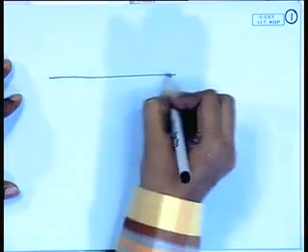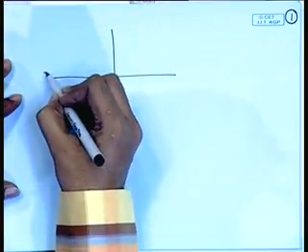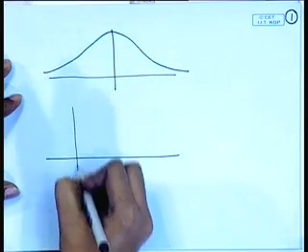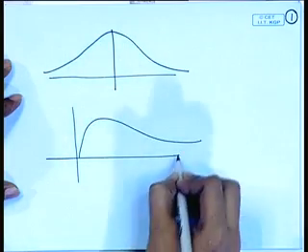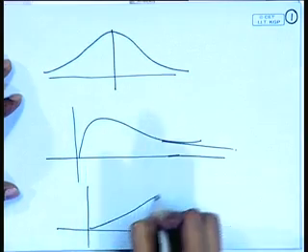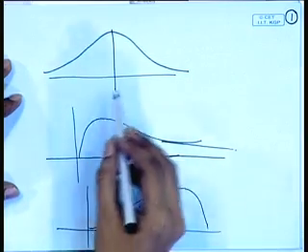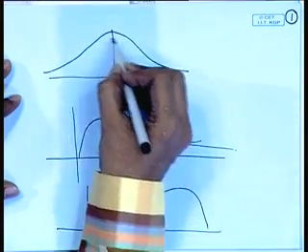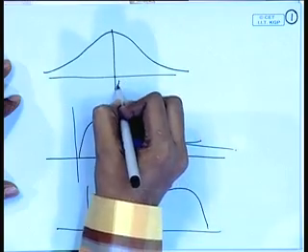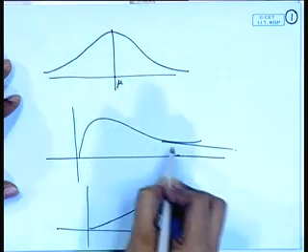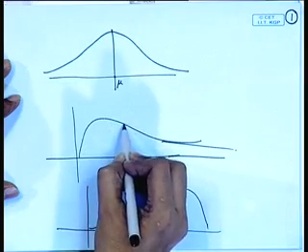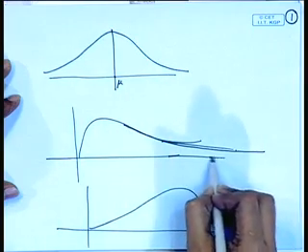So, consider a distribution of this type. Let us consider another distribution, and let us consider another now. If we compare the shape of the curves, the first reaction after looking at the first curve is that it is symmetric about a certain axis, say mu. If we look at the second curve, then there is a lot of concentration of probability on the left hand side and there is a long tail on the right side.